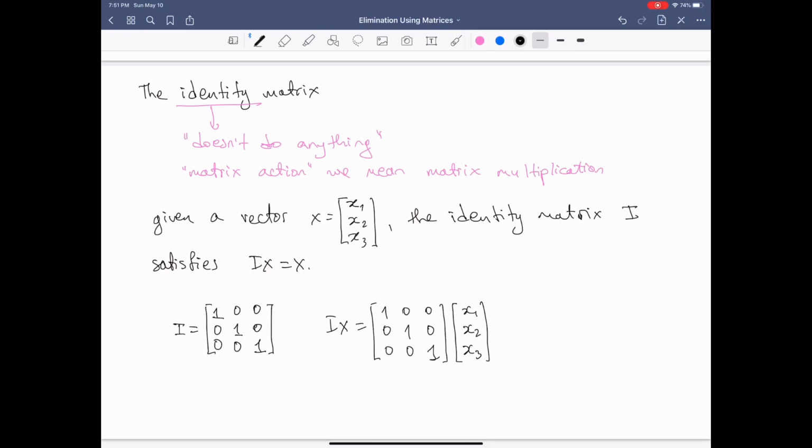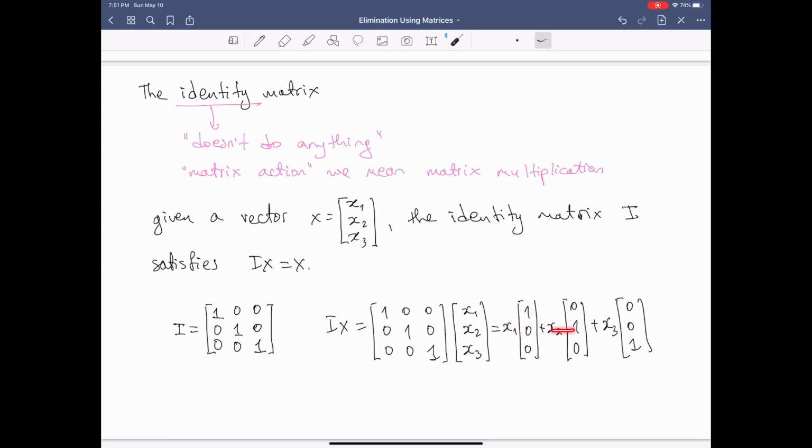The one would be rows times vectors, so using dot products. The other one would be treating the product as a linear combination of the columns as follows: x1 times 1, 0, 0 plus x2 times 0, 1, 0 plus x3 times 0, 0, 1. Now, notice that in the first column here, the non-zero term is in the first position, so this x1 is going to go there when we multiply the 2.